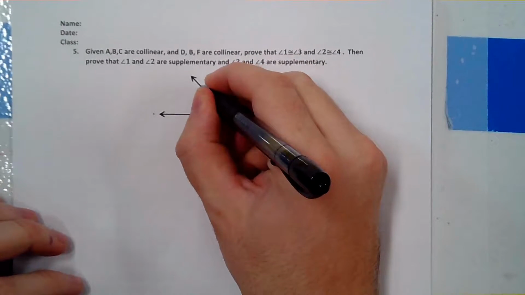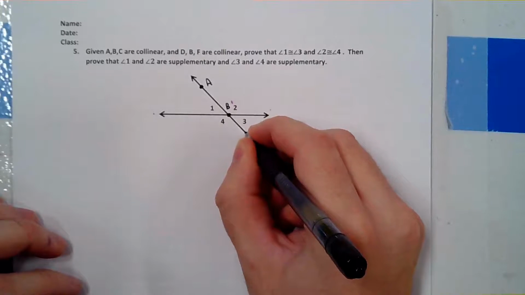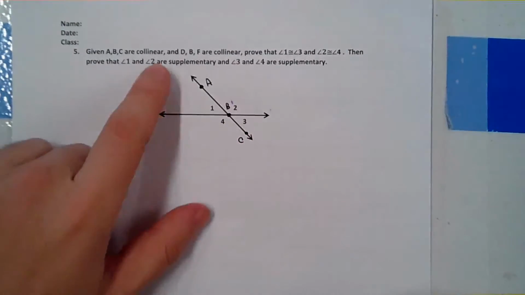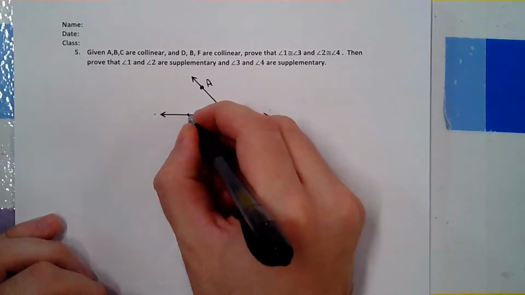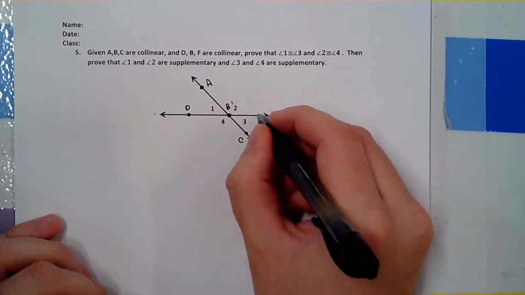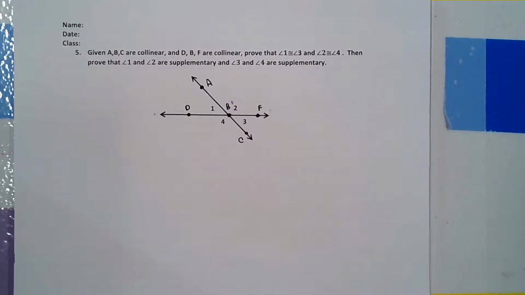Put an A here, put a B here, and put a C here. They're really not that important. It's just trying to tell you that, hey, those are lines, just in case you didn't know. And then D, B, F, because I skipped E, because I wanted to. E for idiot.